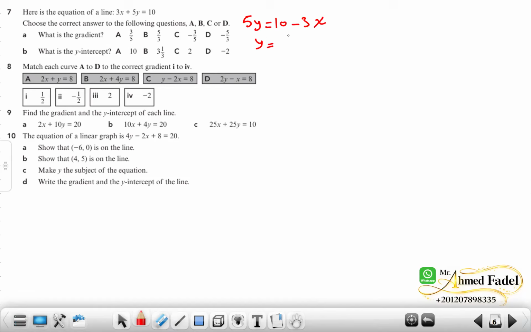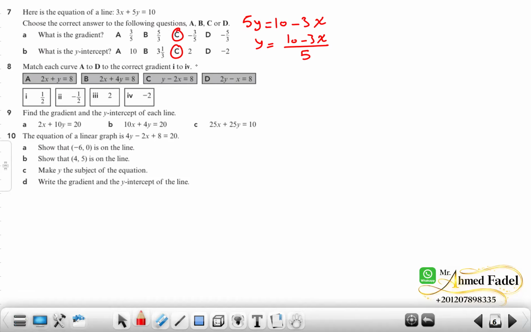So y equals 10 minus 3x over 5. The gradient is the coefficient of the x, which is negative 3 over 5, which is this one. What is the y-intercept? It is 10 over 5, which is 2. So both are C.